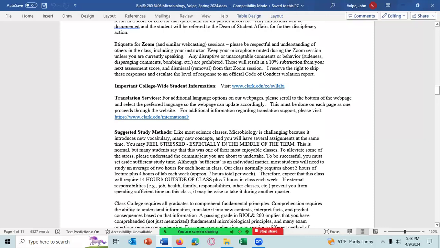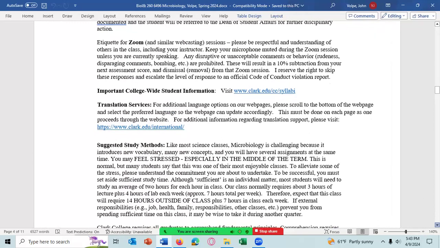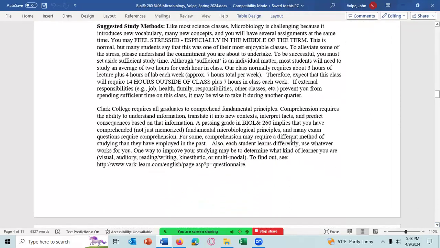To alleviate some of the stress, please understand the commitment that you're about to take in taking this microbiology class. Let me blow that up so I can read it a little better. Our class normally requires about 3 hours of lecture plus 4 hours of lab each week. That's 7 hours per week in the class.